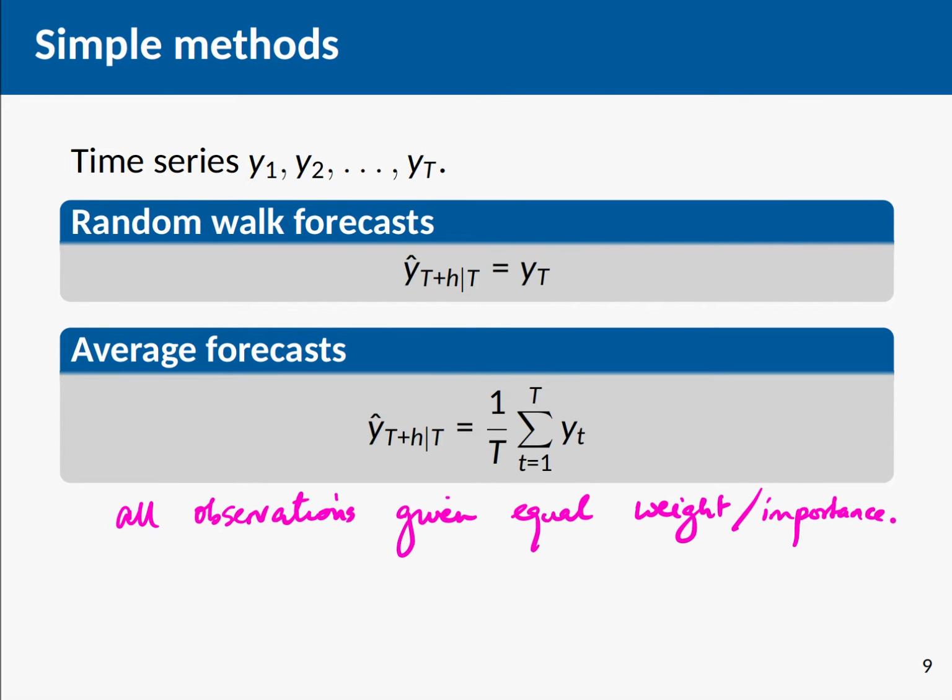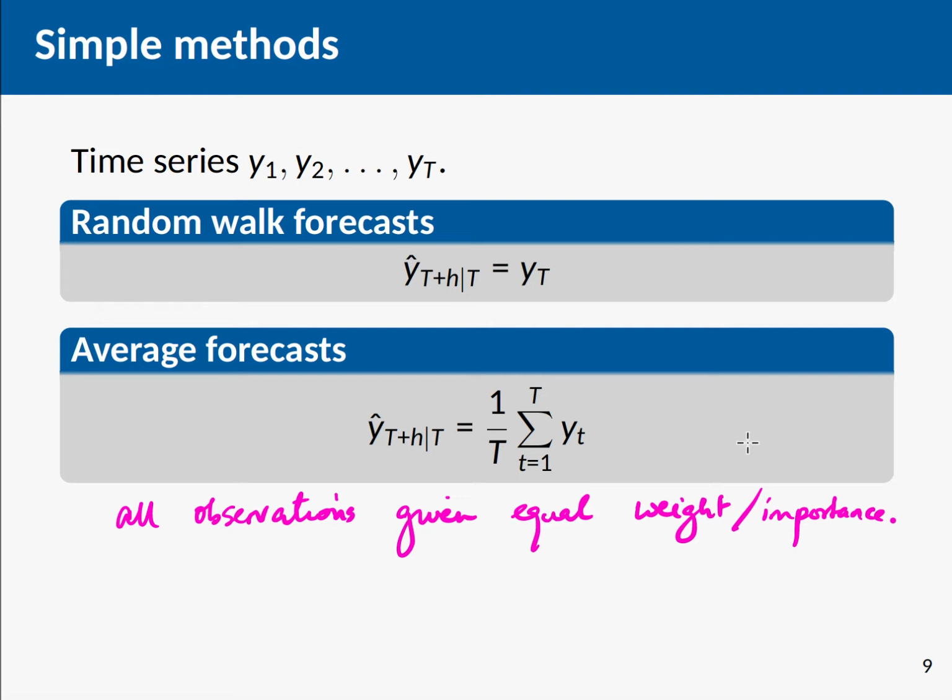The other type of simple forecasting method is looking at average forecasts, where you can imagine the forecasts y hat t plus h given the information set at time t equal the average of the time series.